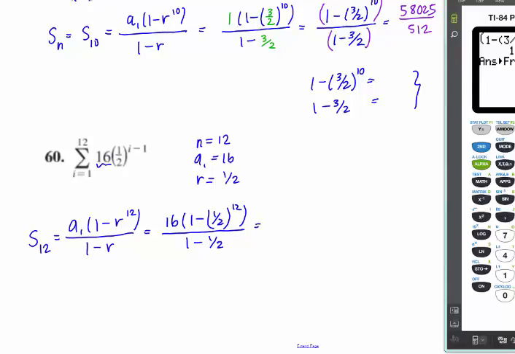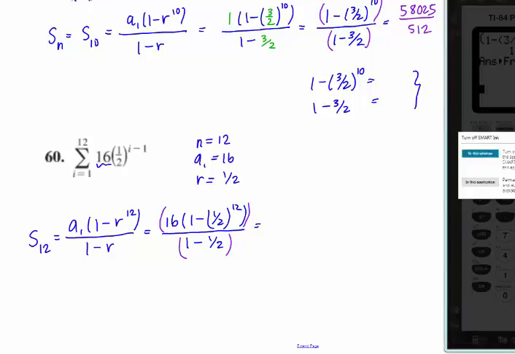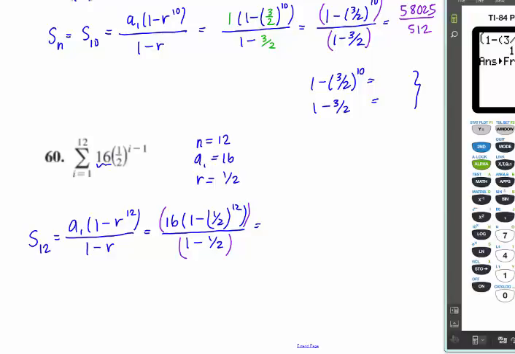So all this is, remember, extra parentheses up here and down here. So parenthesis in the calculator, parenthesis 16 times 1 minus 1/2 needs another parenthesis because we want to raise the whole thing to the 12th.